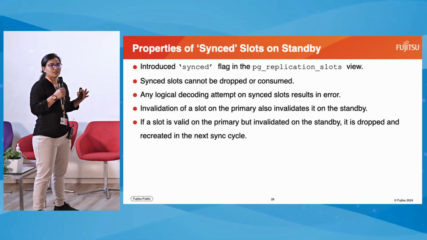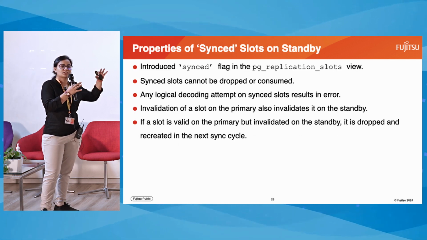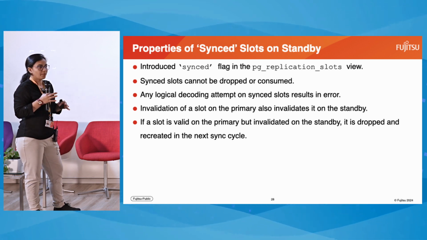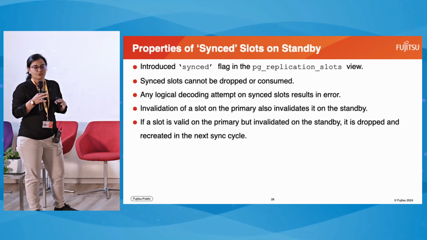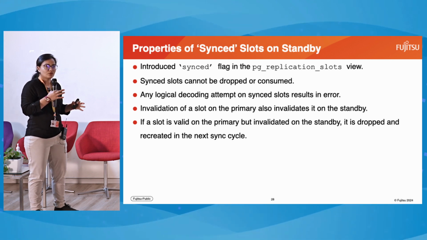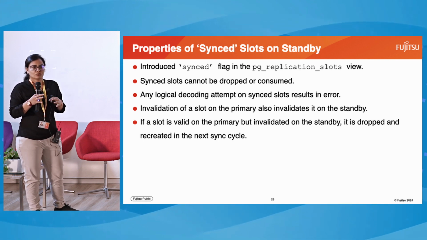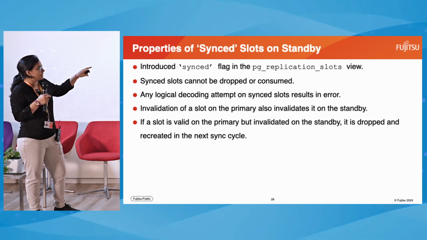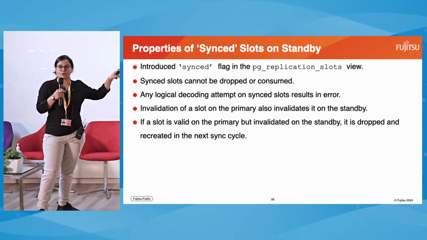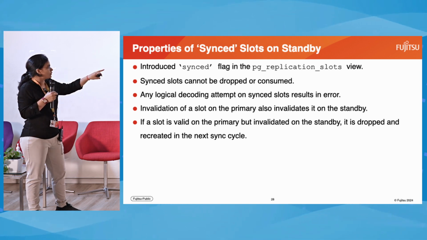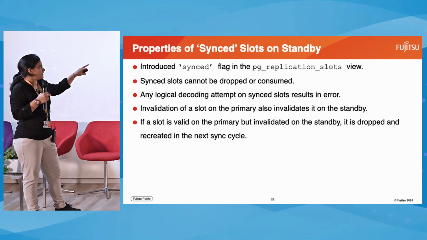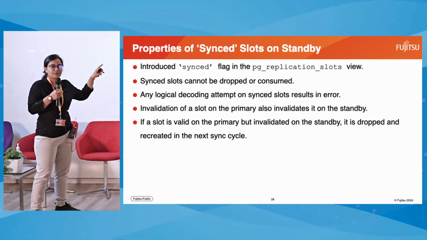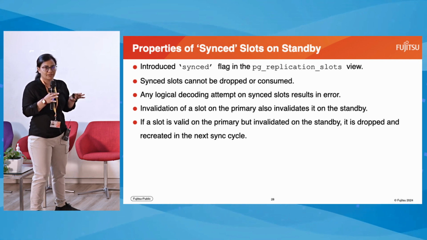Okay, so once the logical replication slots are synced to the standby node, the user can differentiate which are the synced slots and which are the non-synced slots. To differentiate, this feature introduced a new flag called synced in the pg_replication_slots view. The user can query this view, and if they see that the synced flag is set to true, that means the slot is synced from the primary.